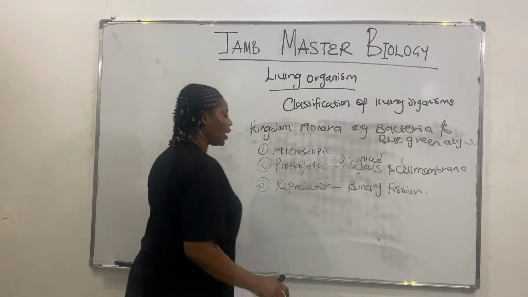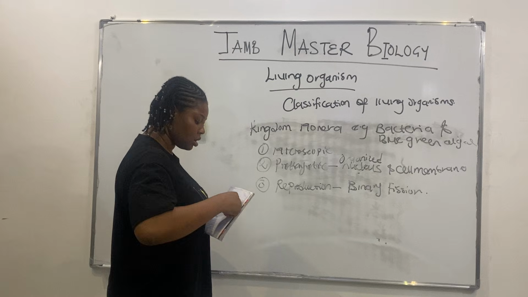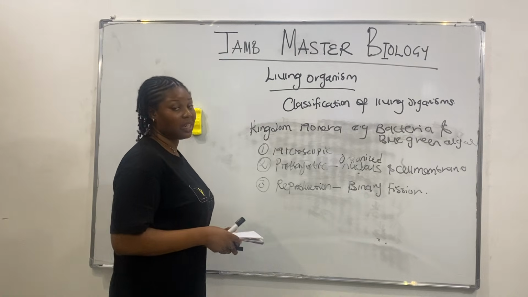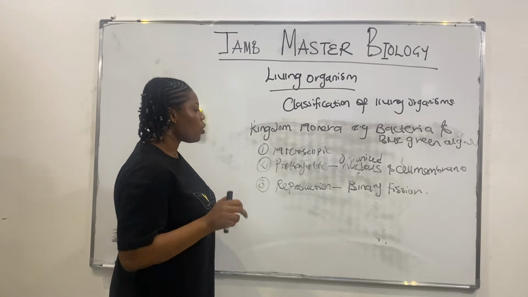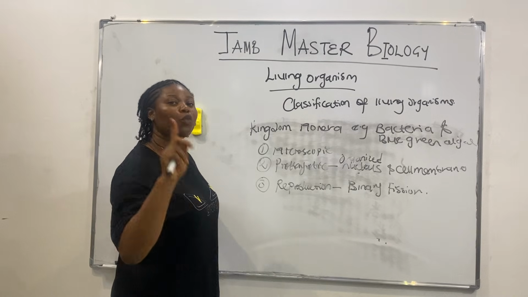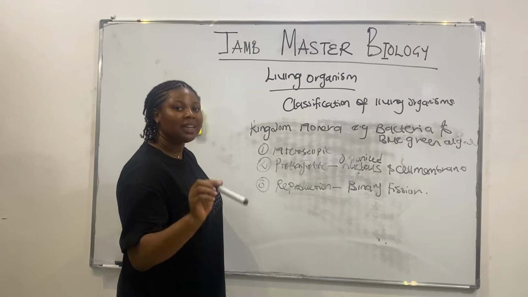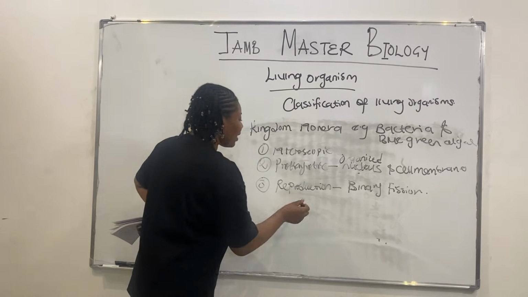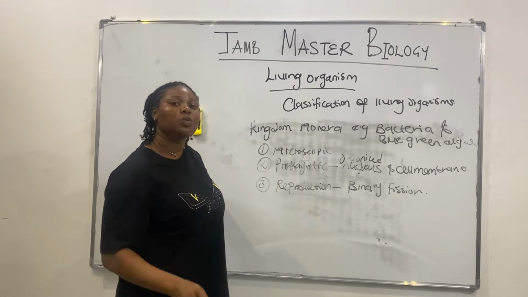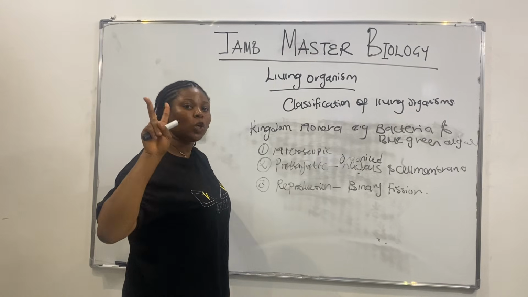Remember when I talked last week when I was teaching, I told us about reproduction as a characteristic of living organisms, and I said that there are two types of reproduction. We have both the sexual and the asexual reproduction. And I said that asexual reproduction involves one parent. So bacteria do not need male and female. They only carry out asexual reproduction, which means only one parent is involved, and that parent splits to give you two daughter cells.